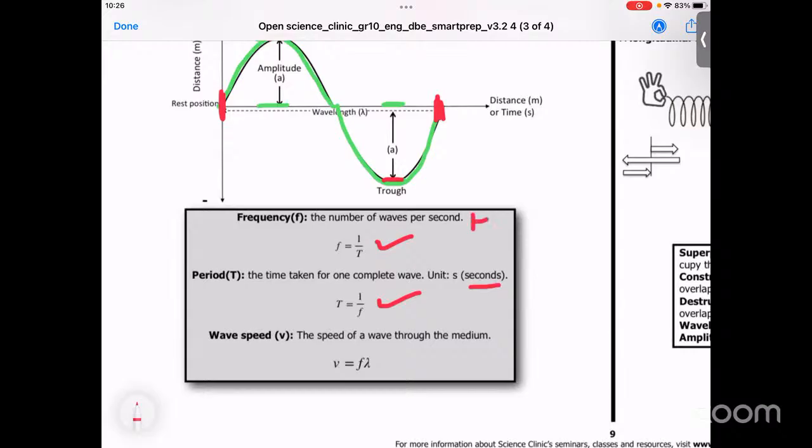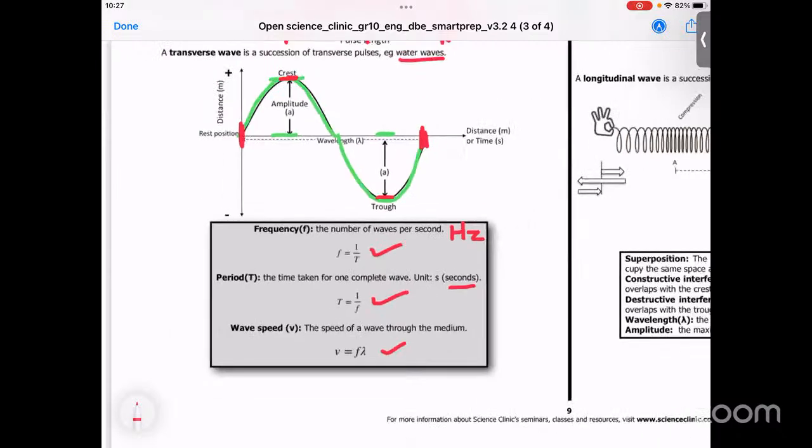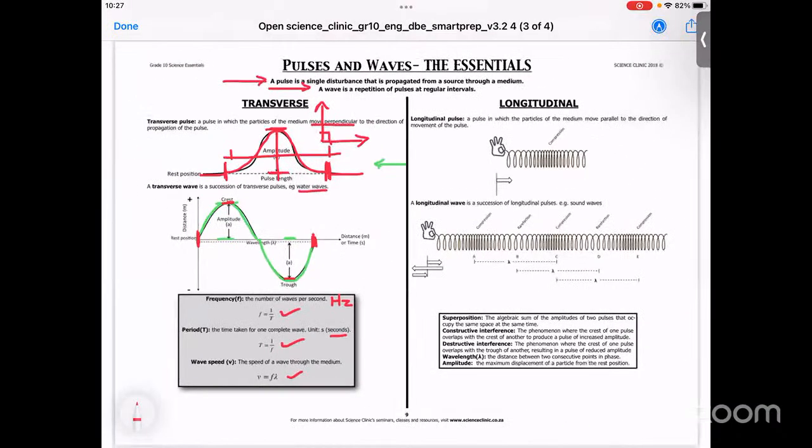Then the wave speed, which is the speed of a wave through the medium, where the formula is v, for velocity, equals the frequency times the wavelength. So that's it with regards to the transverse.